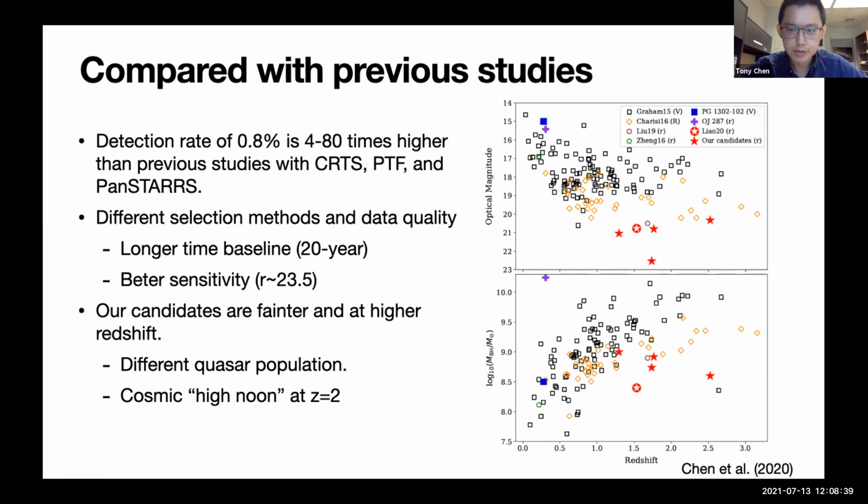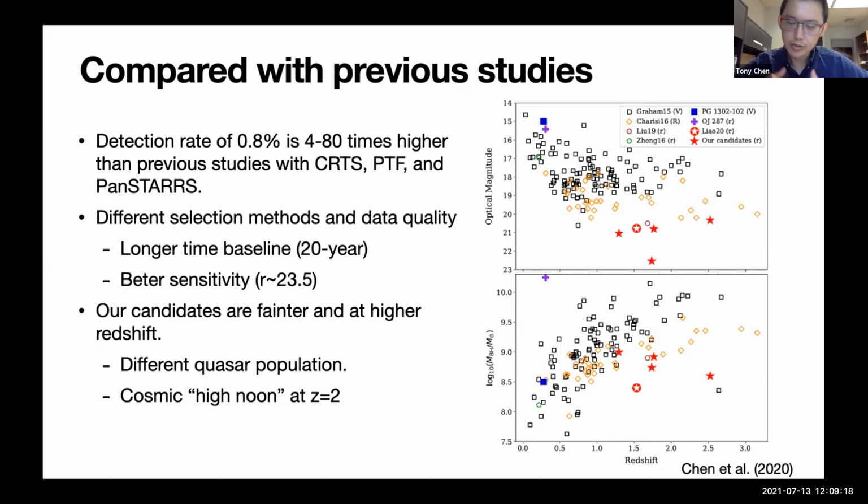And on the right, I'm showing the comparison of our candidates with those in magnitude and black hole mass, as well as redshift. As you can see, our candidates probe a different region in this magnitude-redshift plot. Our quasars are at higher redshift, around redshift 2, which we usually call the cosmic high noon, when quasar activity peaks.